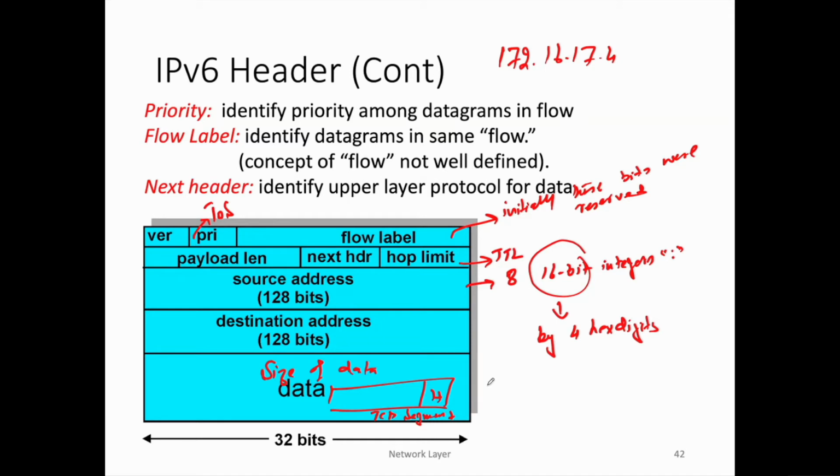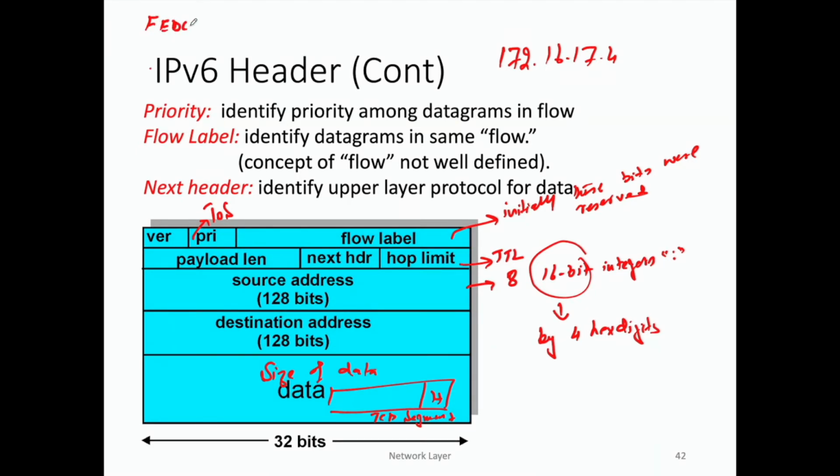have a look at an example of an IP version 6 address. So this can be a possible IP version 6 address. 4EDC. So these 4 hexadecimal digits are separated by a colon.